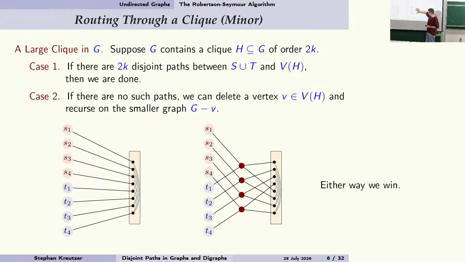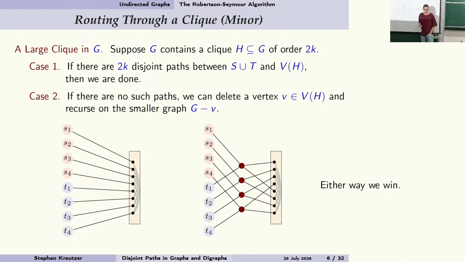Now, the clique, of course, is a very harsh requirement, and we can loosen this a little bit and just say, instead of a clique, we have a clique minor. Then things get a little bit more complicated, but in principle, the same approach works and gives the same outcome. Okay, so large clique minors are good.